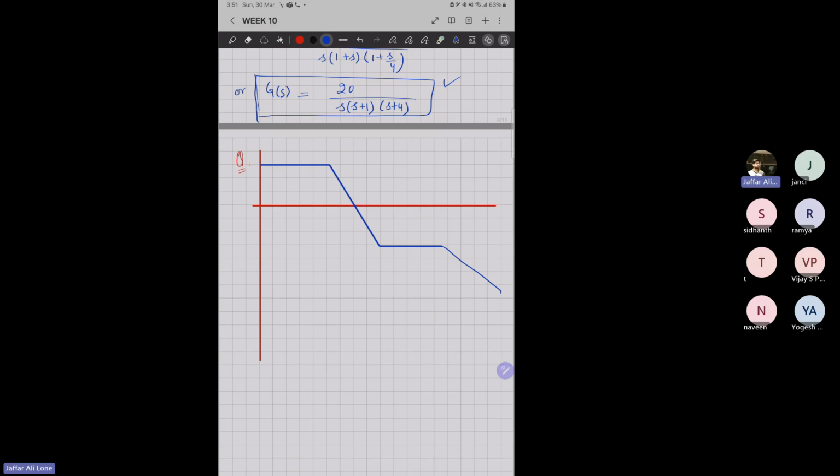Okay, so this is the transfer function. This is the Bode plot that's given, and here it's 20 dB. The slope is 0, you know this.